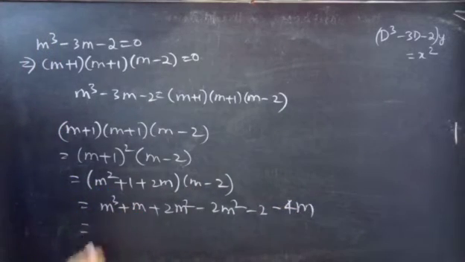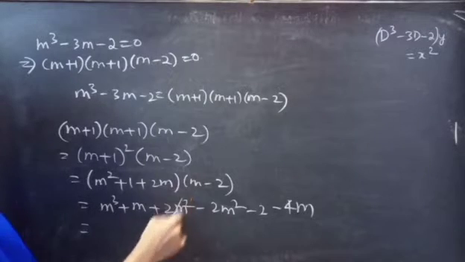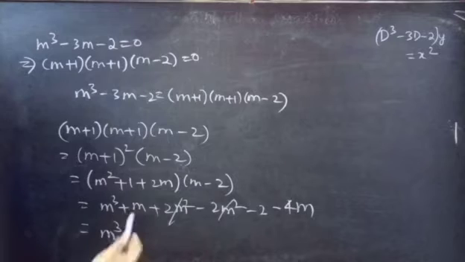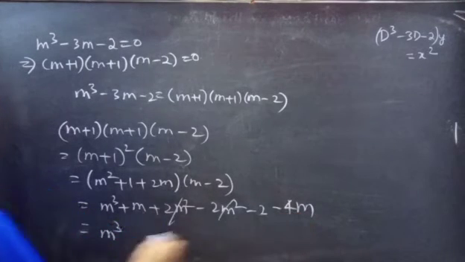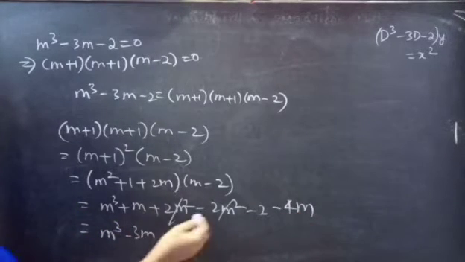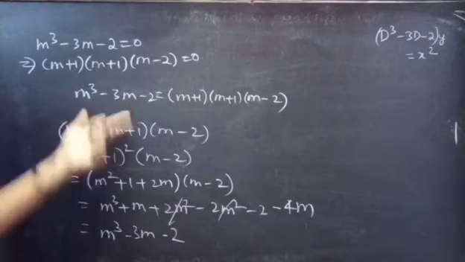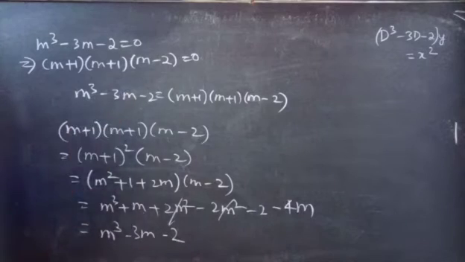Here plus 2m square minus 2m square gets cancelled. We'll get m cube plus m minus 4m is minus 3m minus 2. See, we got the same polynomial. So we have done the verification.